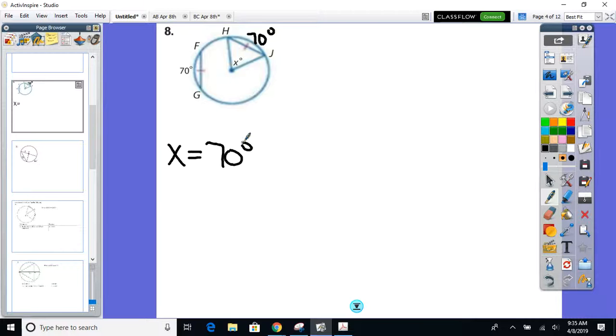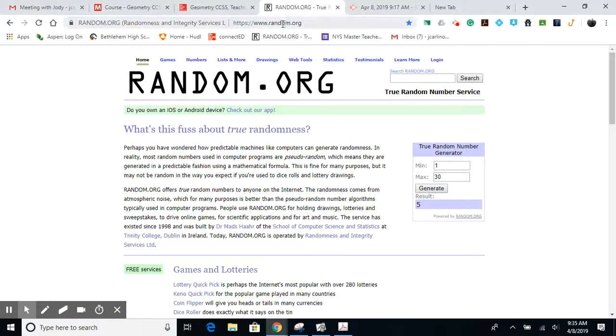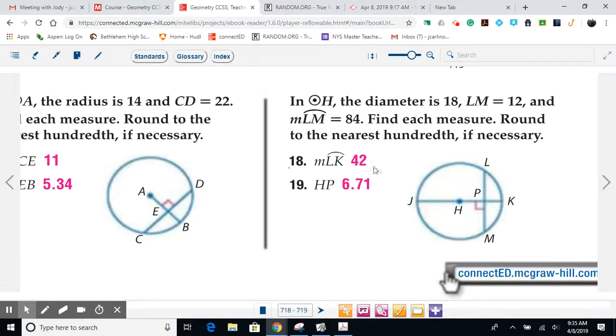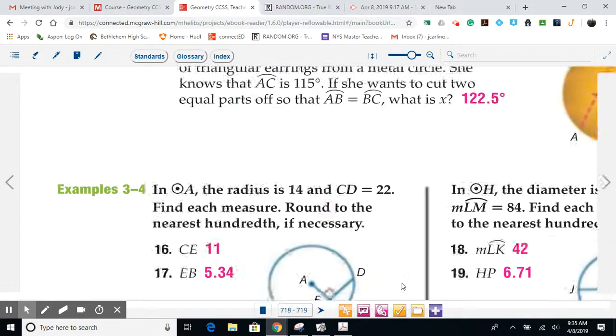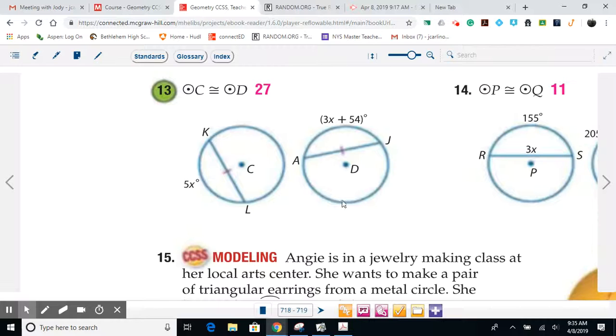Anything else you want to go over? Number 14. Let's see if I still got it up here. Okay, 14, the circles are congruent.